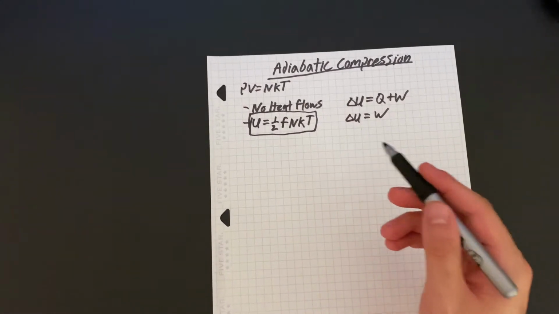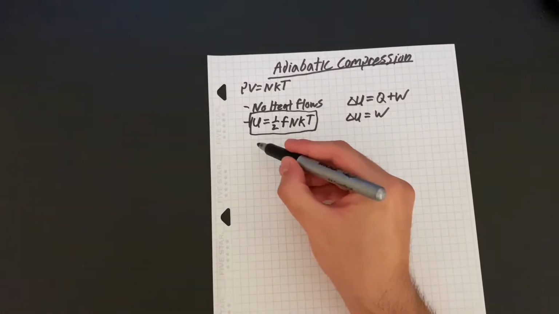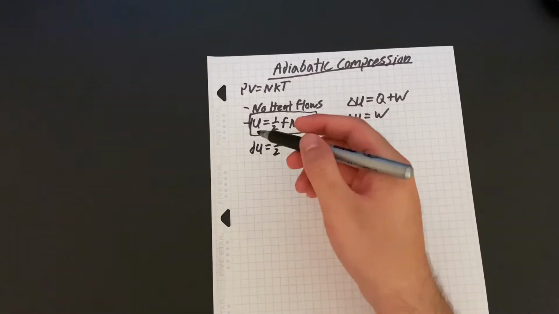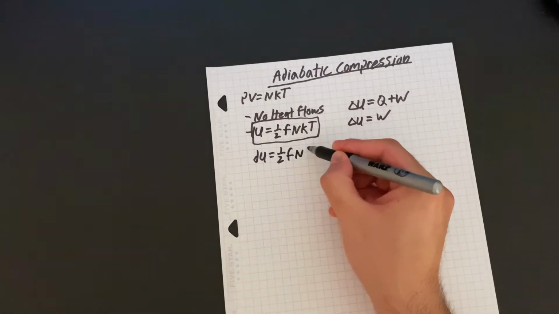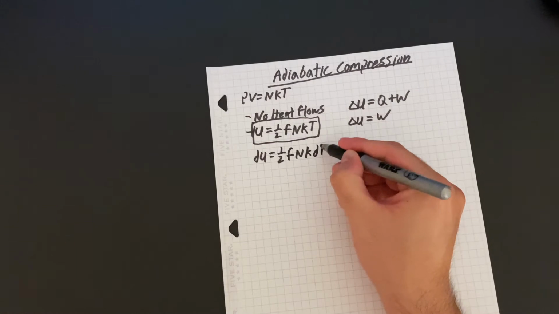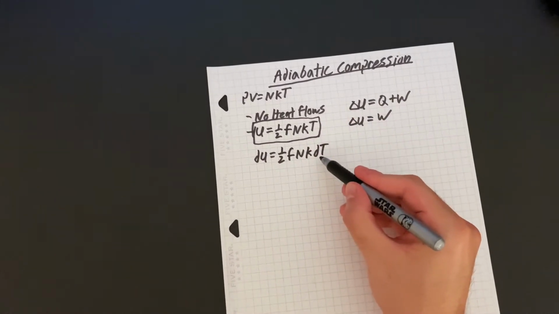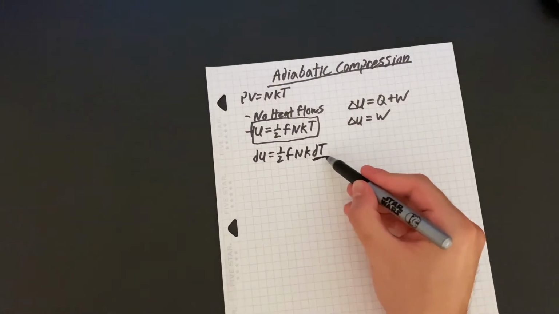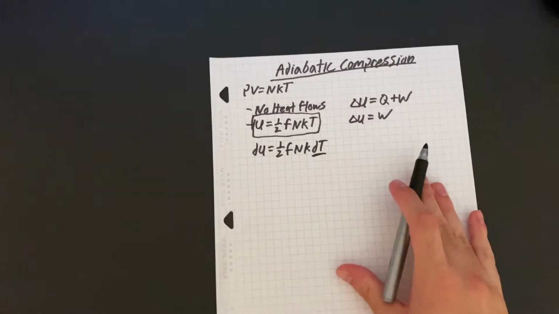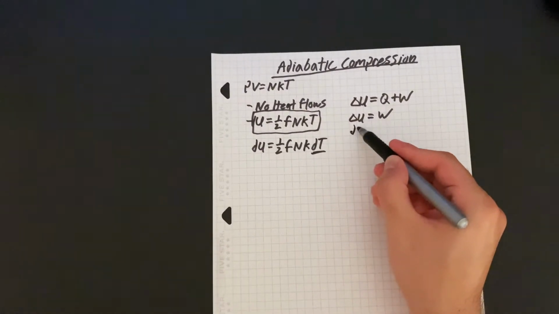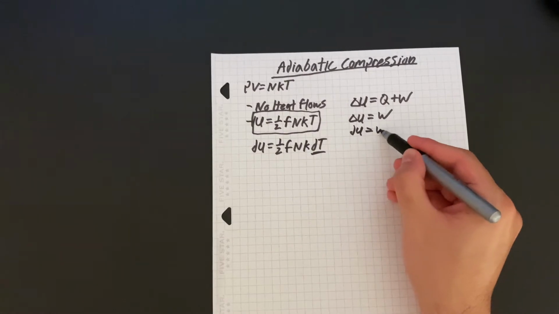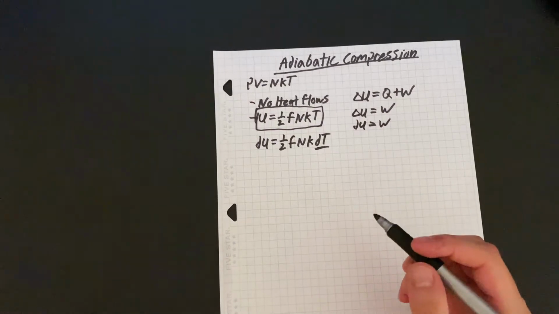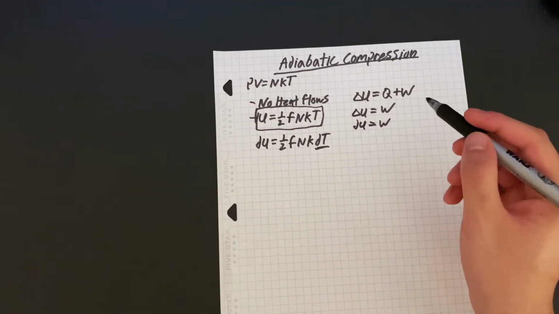And so now we relate the two. What we need to do first is take the derivative of this. dU equals 1/2 F N k dT. Now remember, we're saying the temperature is changing in this, so that's why it's dT here. So now we take this to be dU equals the work done.